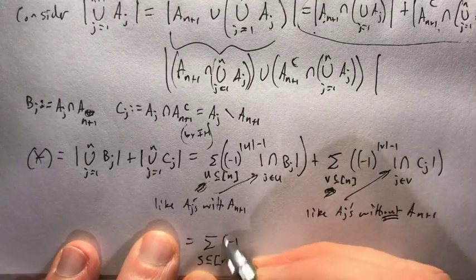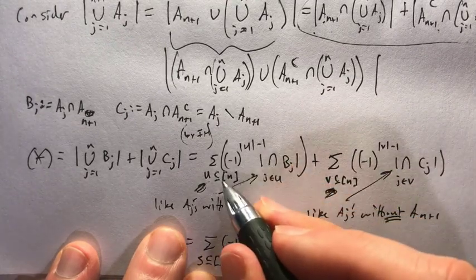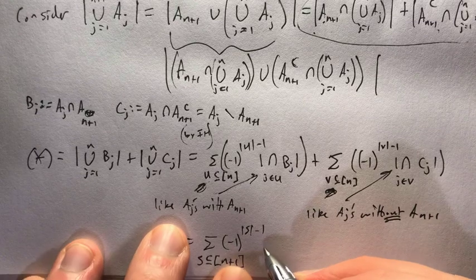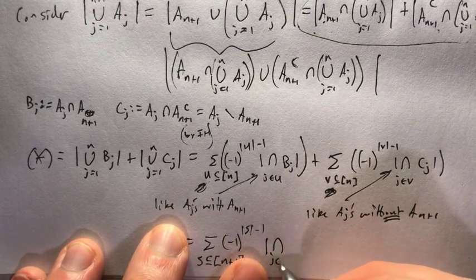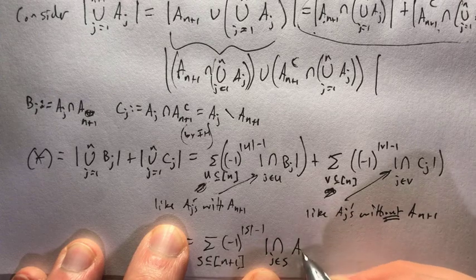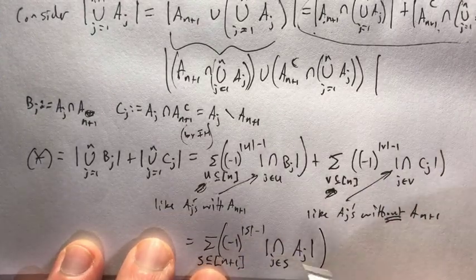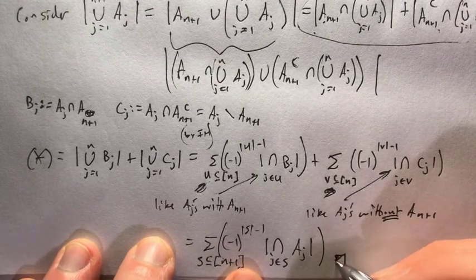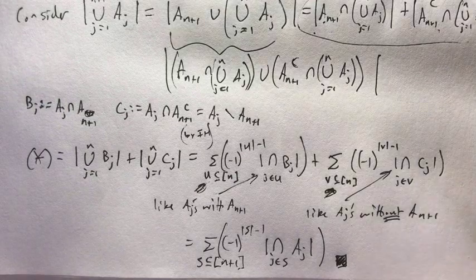And then we've got -1 to the size of S minus 1. The size doesn't change. And it's the intersection as j ranges through S of A sub j. And this is precisely what I wanted for the right-hand side of my induction. So I hope that made some sense. Have a great day.